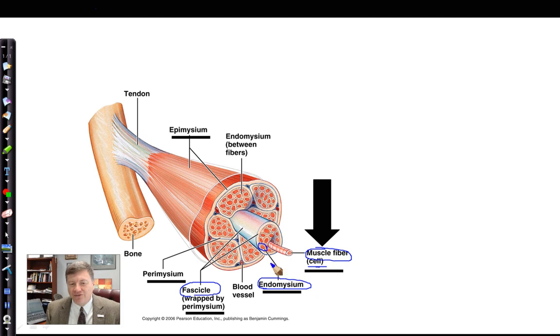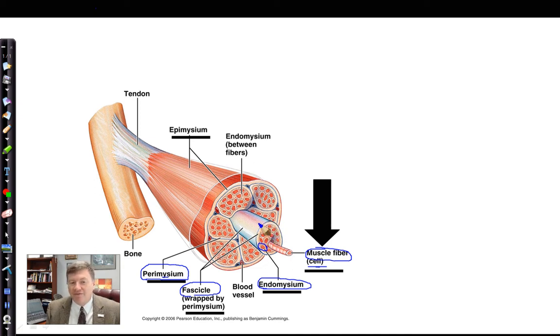And the fascicle has a different kind of connective tissue wrapping around it, or at least the term is different. This is called a perimysium, and we said before, whenever you see mys, we're talking about muscle, peri, around. So now we have the wrapping around the individual muscle fibers.